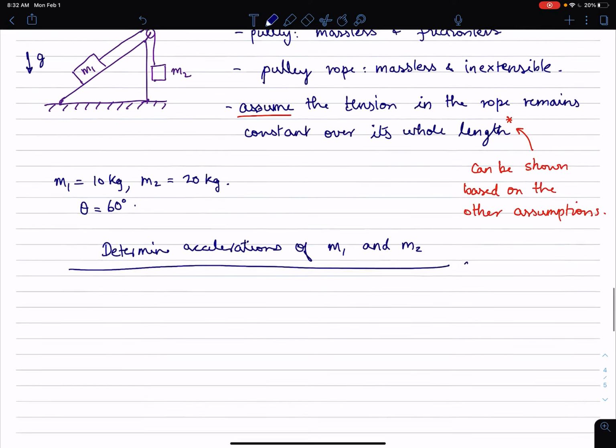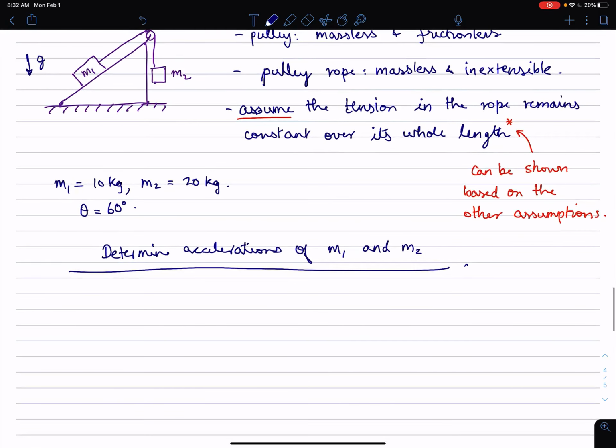So let's actually define some sign conventions. For m1, this is a1, okay? So upslope is positive a1.